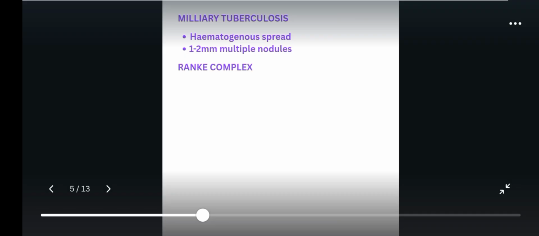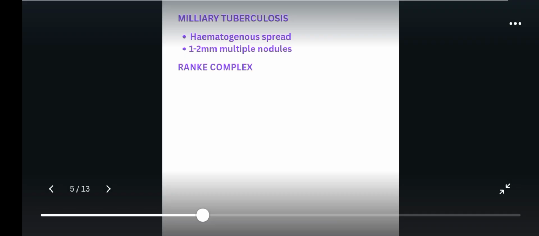Radiographically, miliary spread can be recognized by circumscribed nodules less than 1 to 2 millimeters in diameter located diffusely throughout both lungs. These are features of miliary TB. There is a radiograph I will show in a moment that shows patterns of miliary tuberculosis.